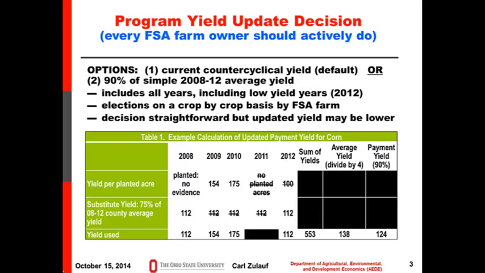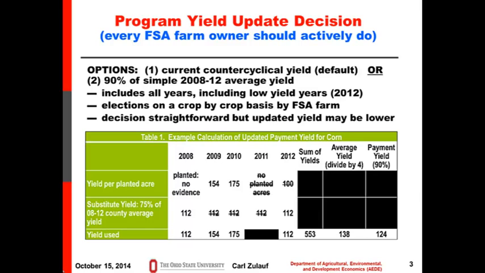And so the yield that would be used that year is the substitute yield of 112, not the 100 bushel that was actually achieved that year. So there is this playoff that occurs between this substitute yield and the actual yield on the planted acres. If there were no planted acres during that year to that crop, that year is not included in the calculation.